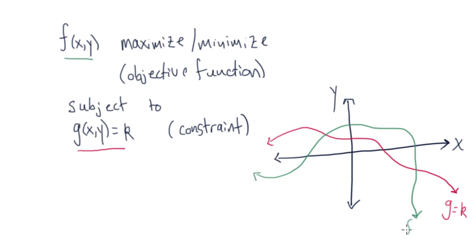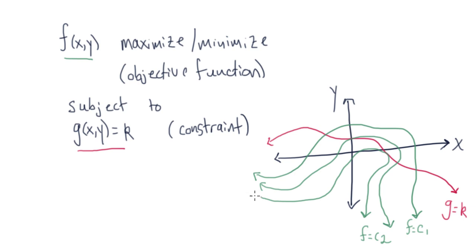So maybe this is f equals c1. This is f equals c2. Like that. And so maybe I have another level curve, and this level curve maybe just barely touches the constraint, like that. So maybe this is f equals c3. So again, in green, these are level curves. And then here we have our constraint.